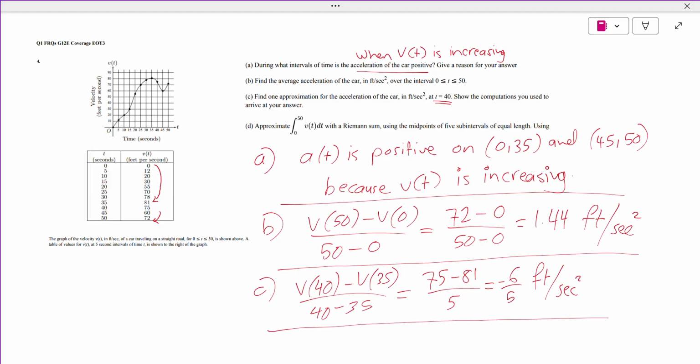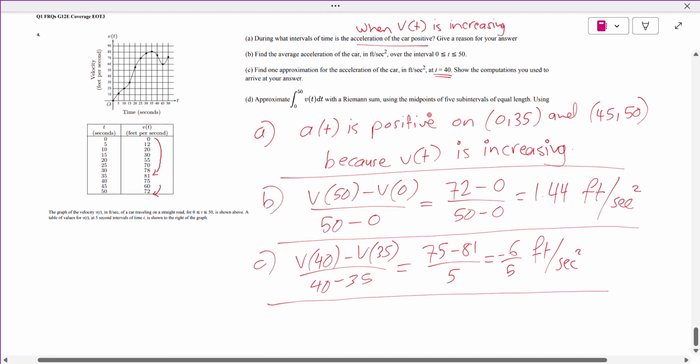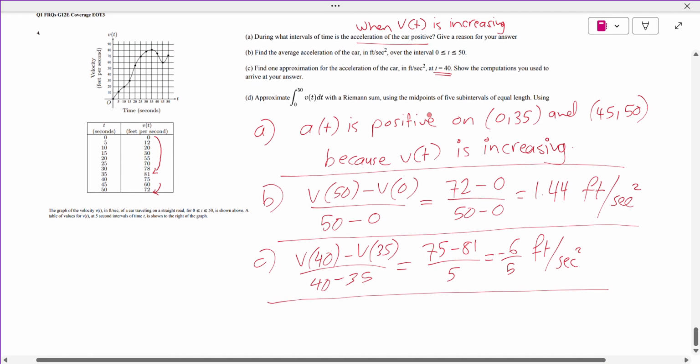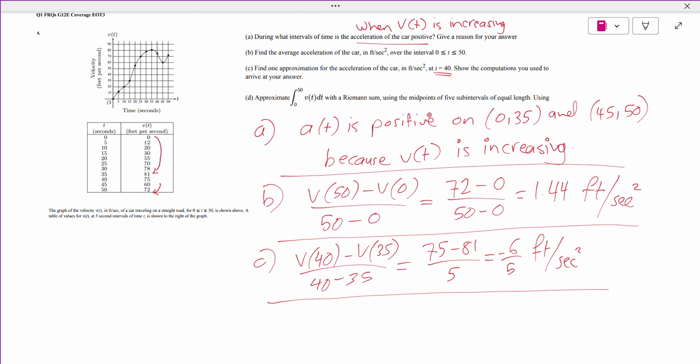The last part in this question, approximate the integral from 0 to 50 with the Riemann sum using the midpoint of the 5 sub-intervals of equal length. So, you look at the table. The first interval will go from 0 to 10, 10 to 20, 20 to 30, 30 to 40, 40 to 50, right?